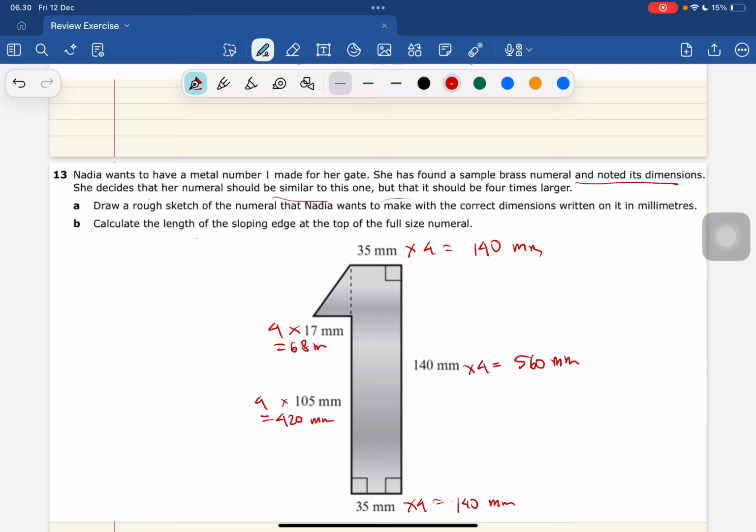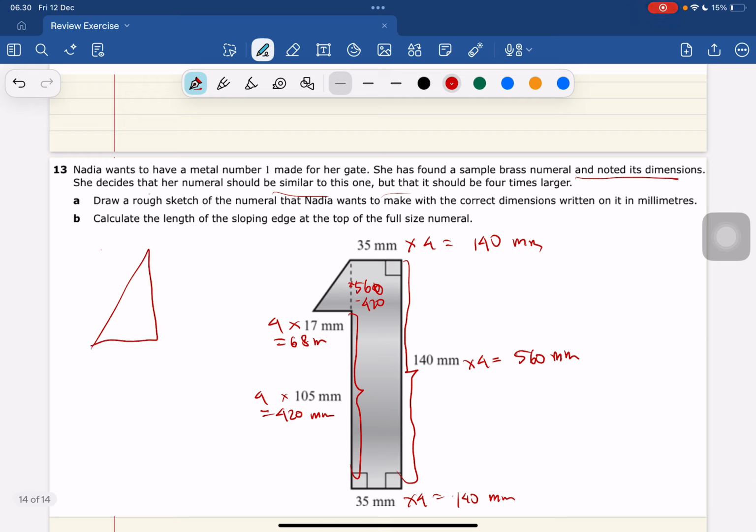Calculate the length of the sloping edge. Let's find it. This side is 560 from here, and we subtract this length, 420. So let's draw it.